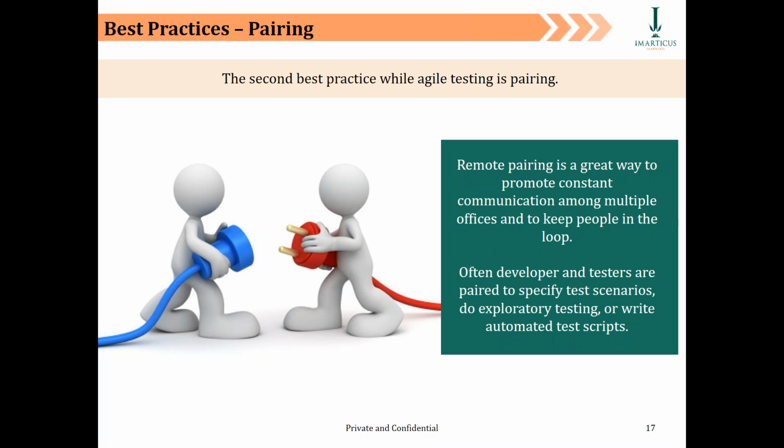The tester knows a bit of coding and the coder knows a bit of testing. And then they can overlap each other's knowledge in different business scenarios to come up with just the right test scenarios which need to be exploratory tested, and which scripts we can take into automation and which can remain manual.